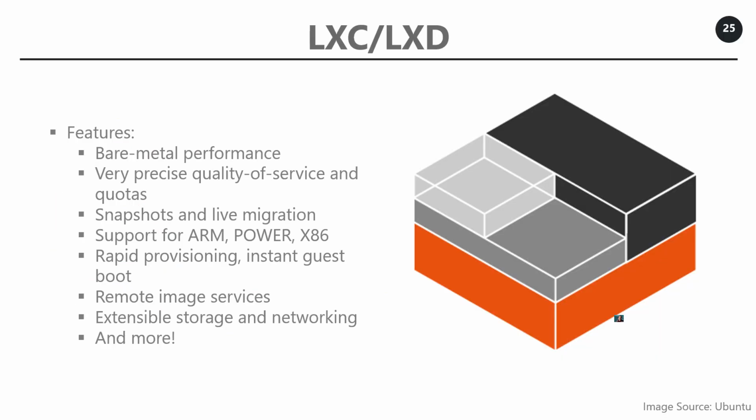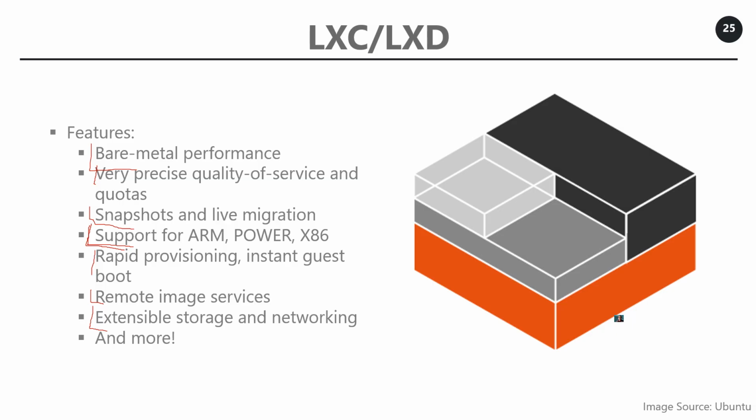So, what are the features of LXC, LXD? Bare metal performance or close to that, right? Very precise quality of service and quotas, snapshots and live migration of containers, support for different processor architectures, rapid provisioning, instant guest boot, remote image services like the Docker Hub, extensible storage and networking, and more.